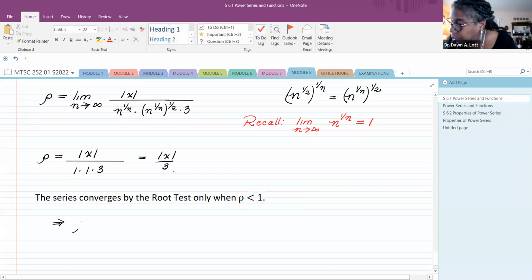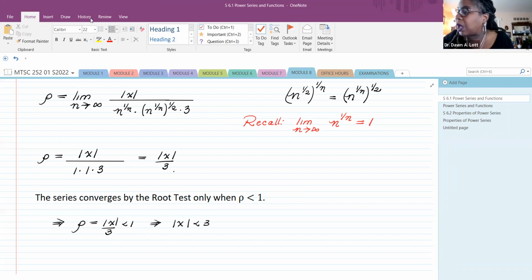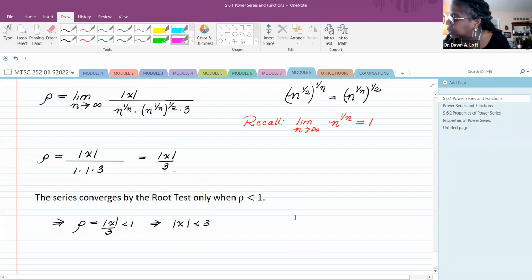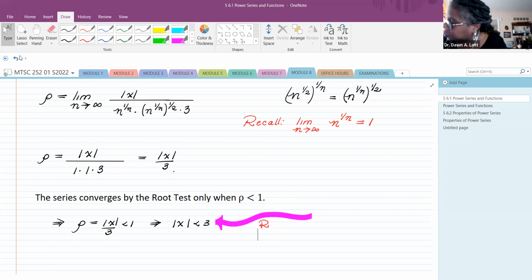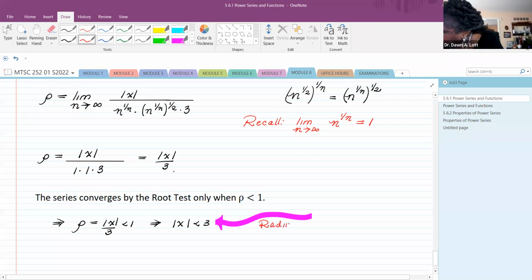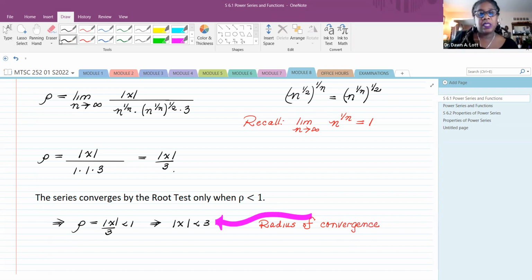So that implies rho, which is the absolute value of x over 3, is less than 1. So we get the absolute value of x has to be less than 3. Wow, there we go. That is the radius of convergence. It is 3.